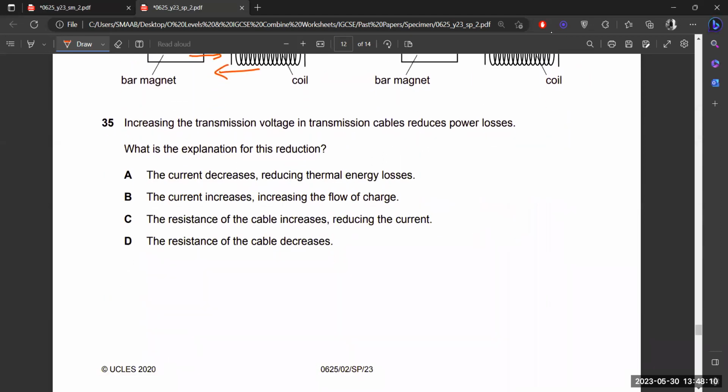Question 35. Increasing the transmission voltage in a transmission cable reduces power loss. What is the explanation for this reduction? When we transmit electricity over a long distance, we use high voltage, using the concept of P equals VI. If we use high voltage, the value of electric current will decrease, so there will be less power loss in the cable.